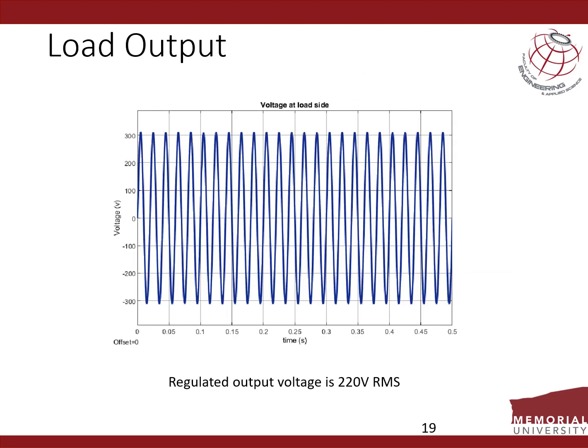As explained in previous slide, here you can see the functionality of inverter controller. In our load side, we can see a pure sine wave with RMS value of 220 volts, which is required by our load.